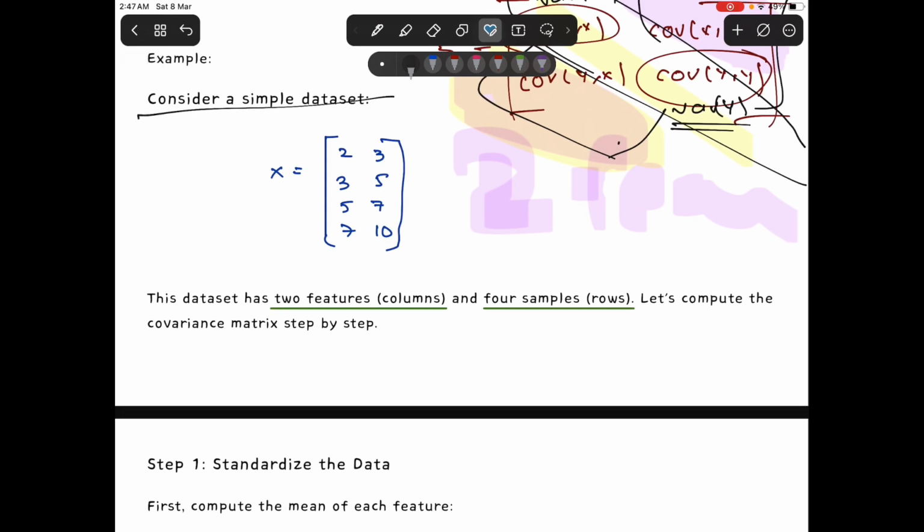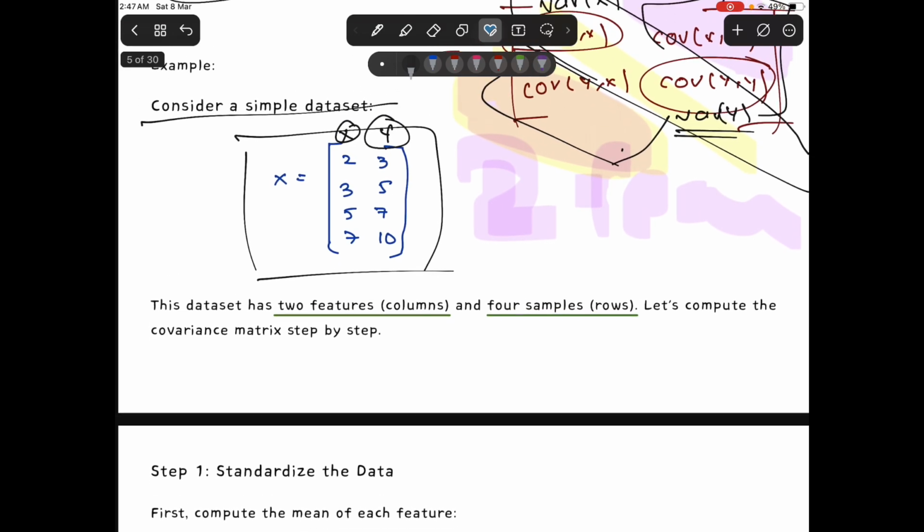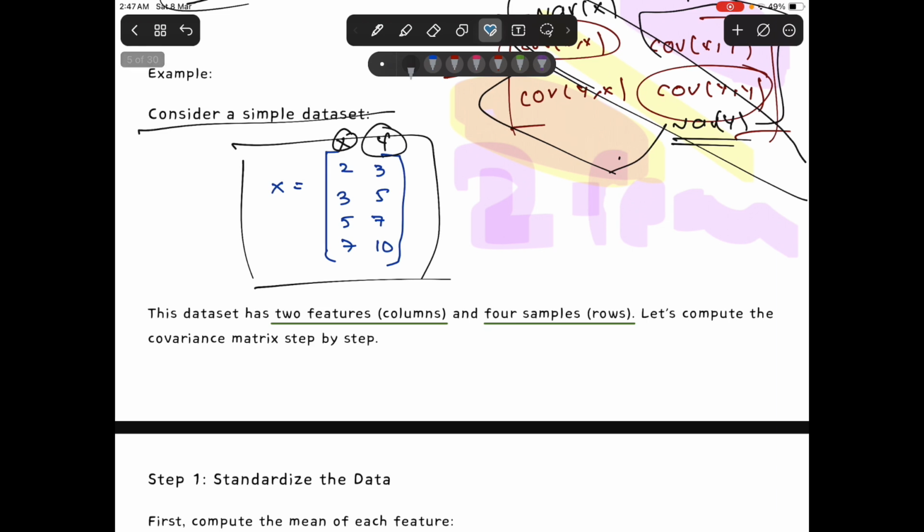So this is a small calculation part. Consider a simple data set. This is a data set having two features, x here, y here. So first tell me what will be the size of the covariance matrix. We have two features, so the covariance matrix will be 2 into 2 only.